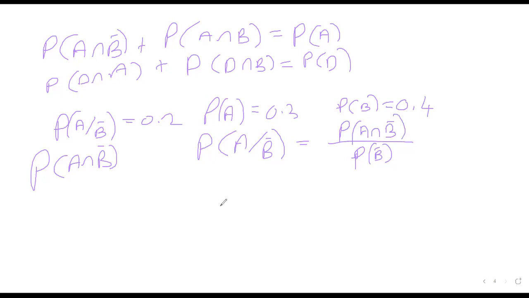Anyone lost so far on the expansion? So this one goes down as it is. Then these two letters, you put them as they are. So what is A given B complement? We're given 0.2. Does our answer change if we find B complement first? Yes, that's good. What is B complement?